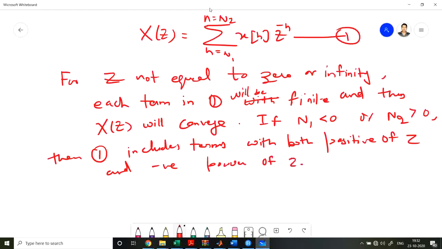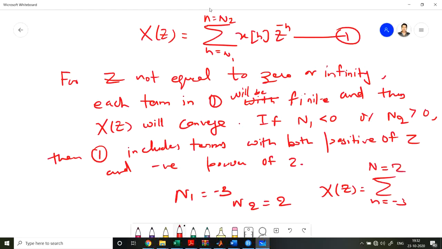So for example, if we take N1 equal to -3 and N2 equal to 2, then X(z) is nothing but the summation from n equals -3 to n equals 2 of x[n] z raised to the power minus n, and it is equal to, better to write in the next slide.